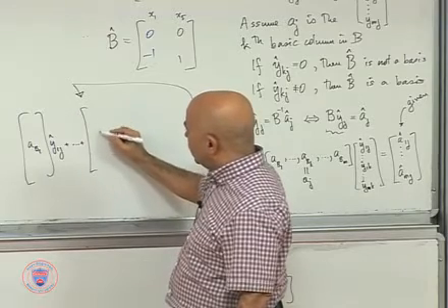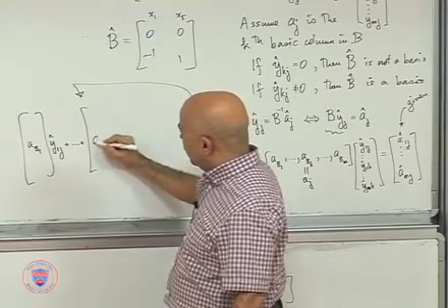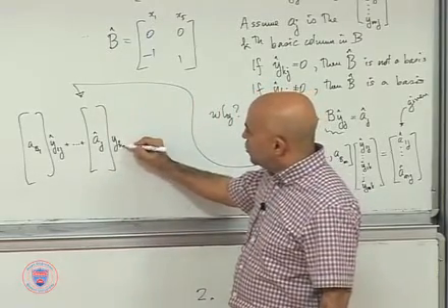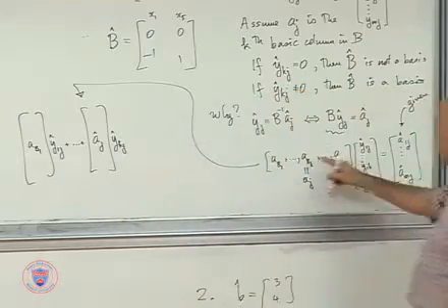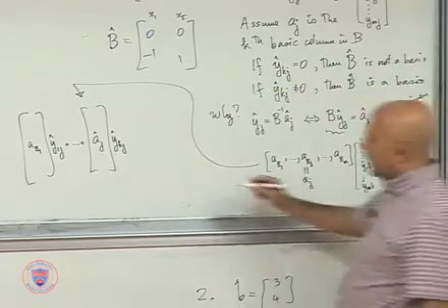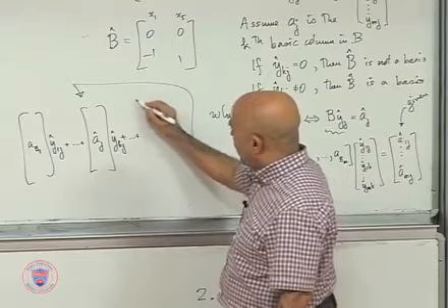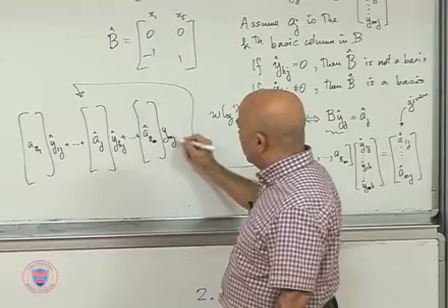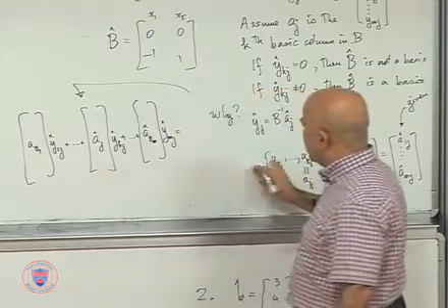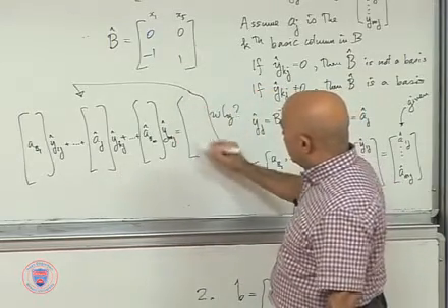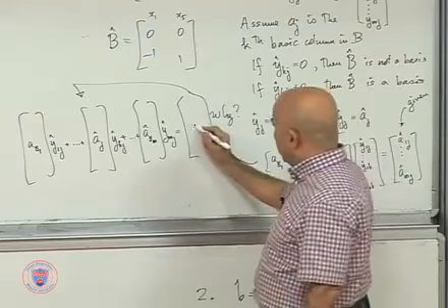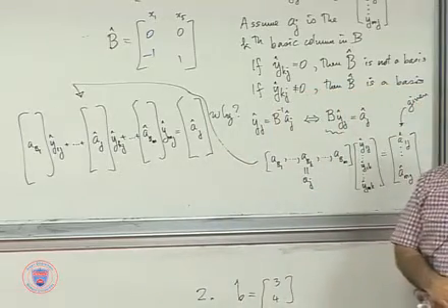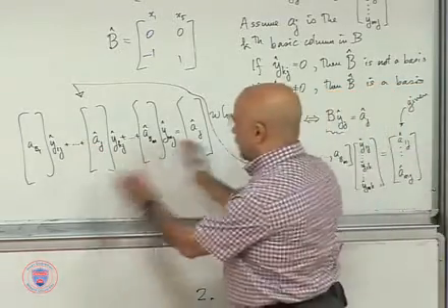You take the kth column, which is your Aj, times Ykj cap. I'm just multiplying these two. Then the last column times Ymj cap, and you set it equal to the Aj cap column.